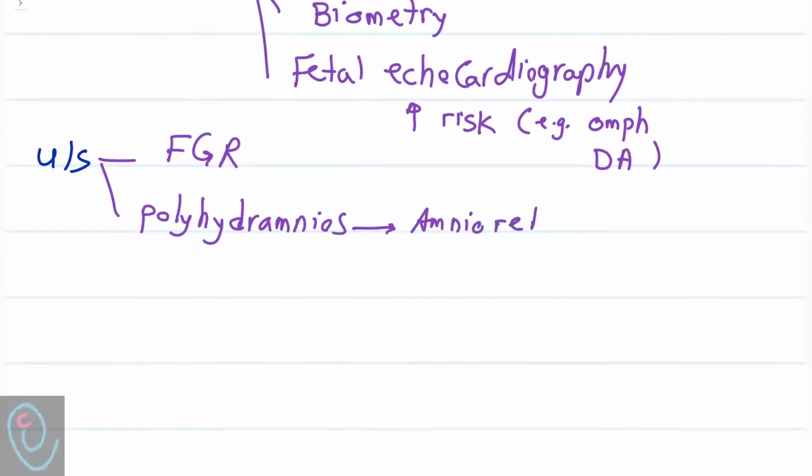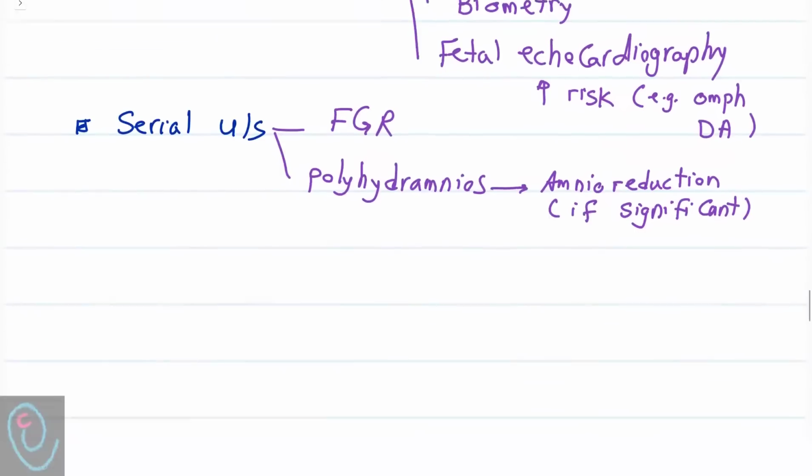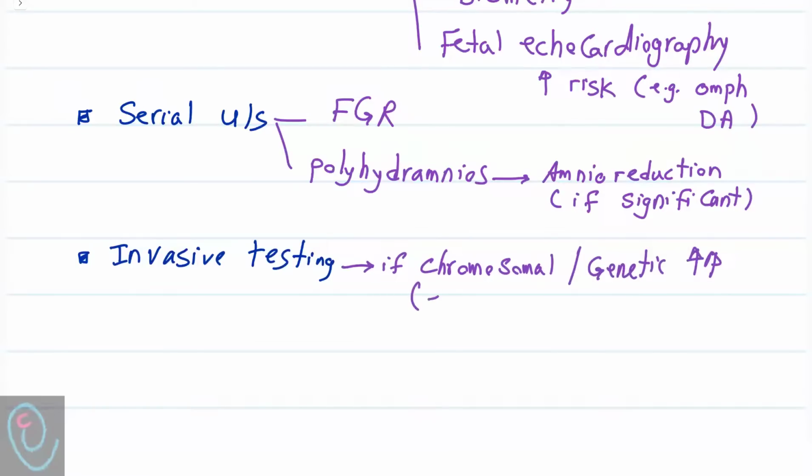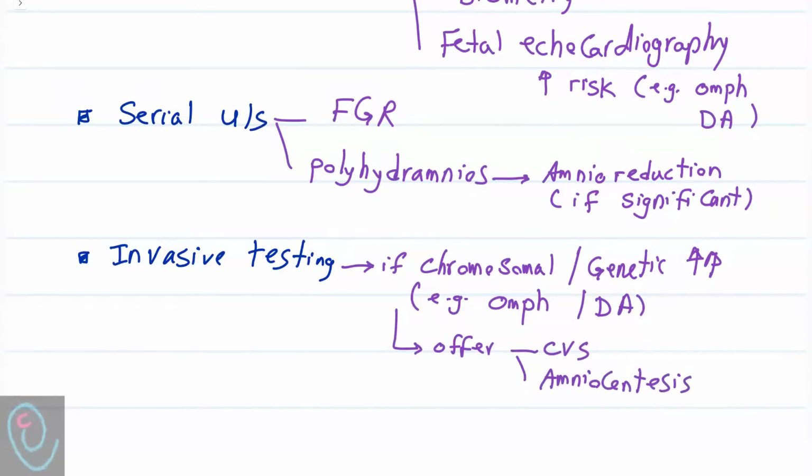Offer amnioreduction if there is significant polyhydramnios. Offer invasive testing if there is increased risk of chromosomal or genetic abnormalities, such as with omphalocele or duodenal atresia. A sample can be obtained by chorionic villus sampling or amniocentesis.